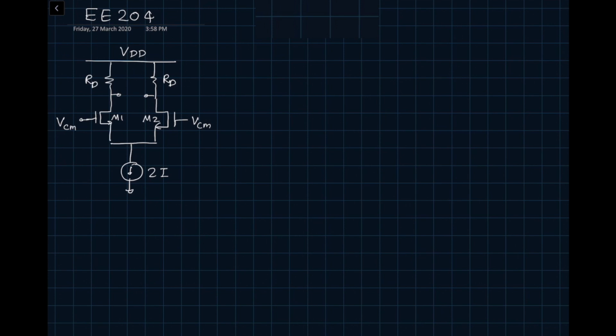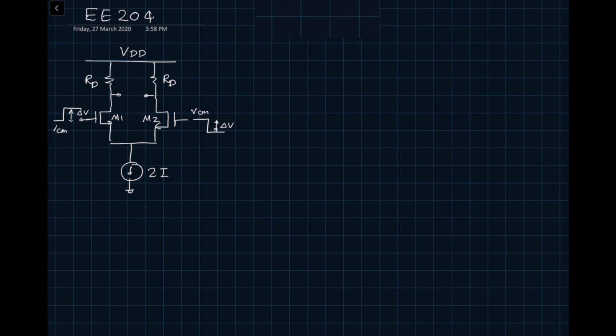Now let's say I apply a voltage delta V, going from VCM to VCM plus delta V. So this is a delta V step, and then on the other side I'm going to apply a step which is VCM minus delta V. I'm applying a common mode voltage of VCM that is not changing, and I'm only applying differential input, which is plus delta V on one side and minus delta V on the other side.